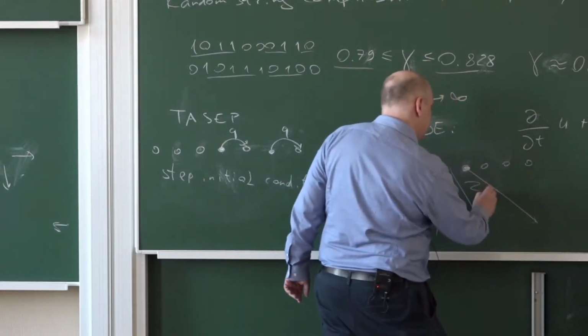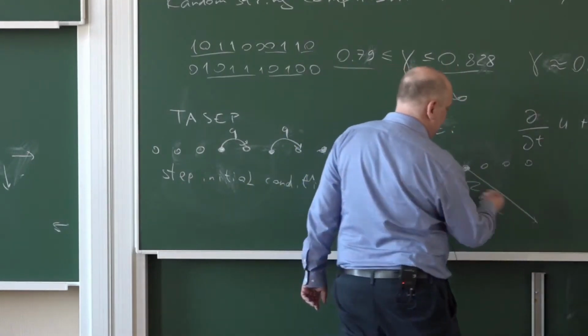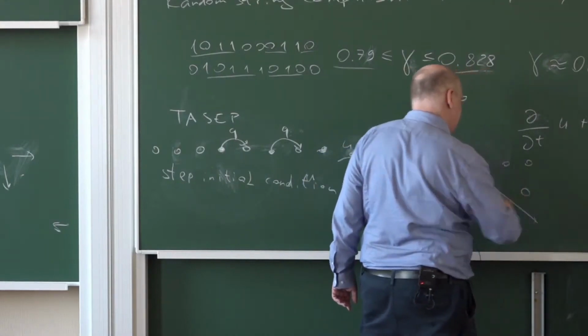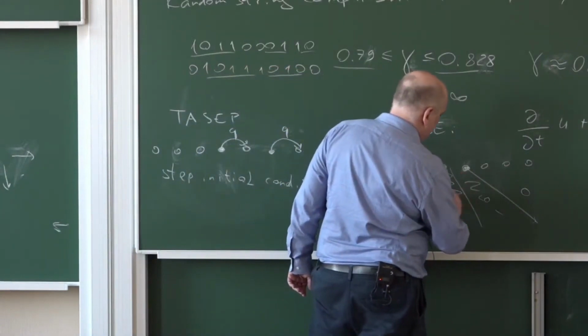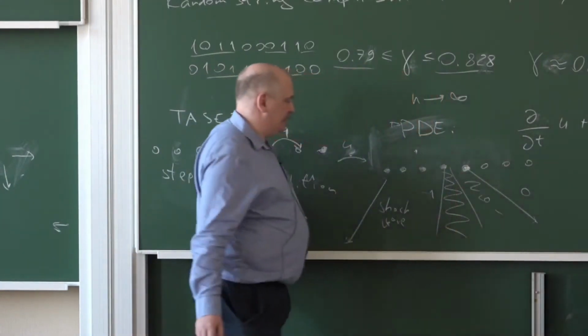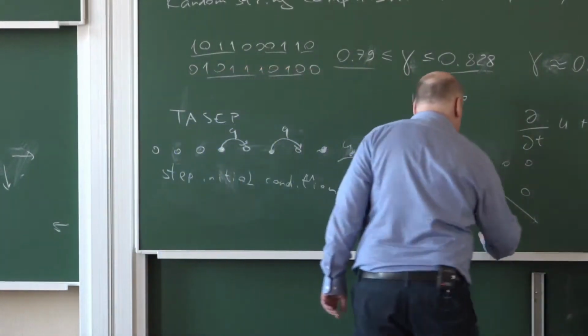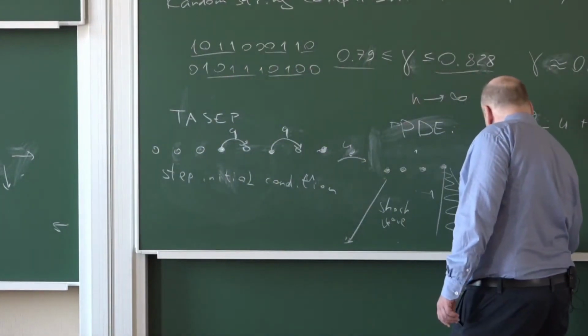And there will be this sort of space where it's almost 0, exponentially close to 0, and then it will be real 0. And the interesting things are happening in this rarefaction wave, or rarefaction fan.